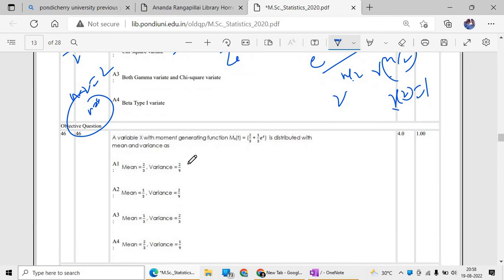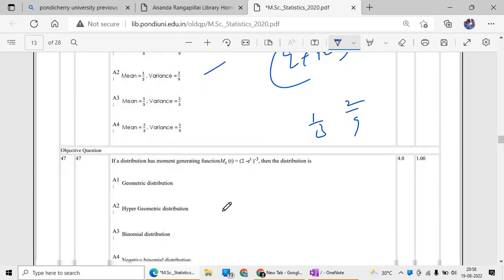If the variable x has the moment generating function Mx of t equal to 2 by 3 plus 1 by 3 e power t, it is again of the form q plus p e power t whole power n, right? So here np is how much? 1 by 3, 2 by 9, 1 by 3. Similarly, this type of model was already repeated.